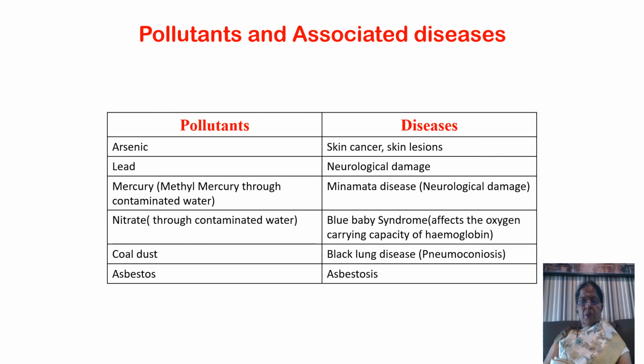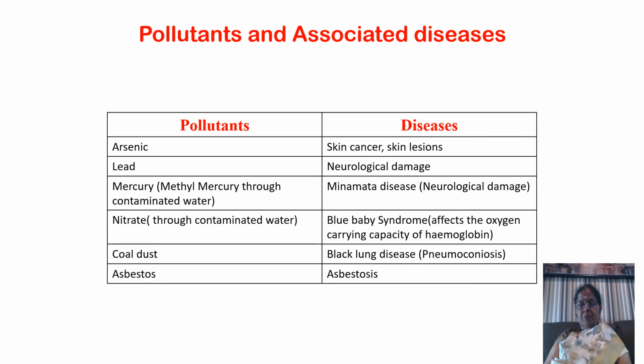Here you see a list of the pollutants and the corresponding diseases they cause. Arsenic is a pollutant that causes skin lesions, which are just abrasions of the skin, and finally it may lead to cancer also.